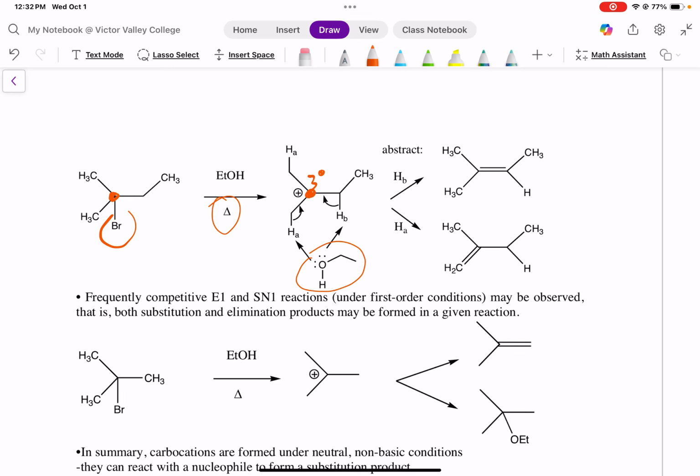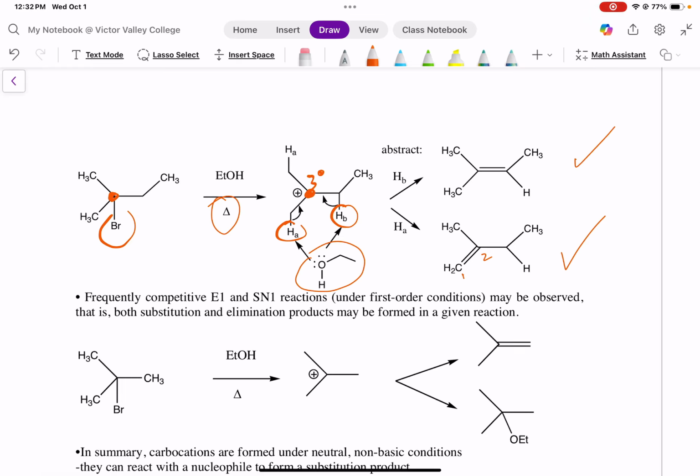There's two options here. One is the hydrogen A or the hydrogen B. Okay, if it wraps the hydrogen A, we get the terminal alkene, alkene on carbon number 1, right? Now, if it wraps the hydrogen B, we get the internal alkene, which is better.